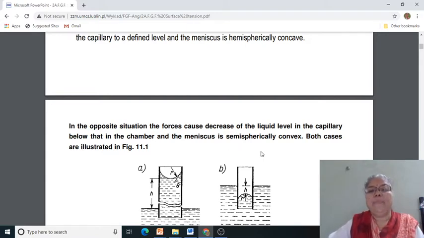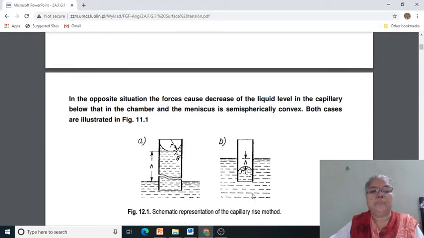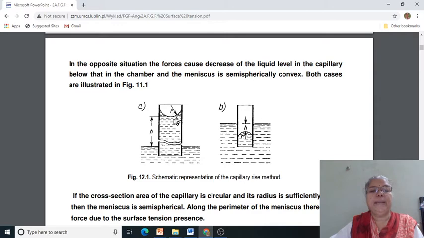And in the capillary, we have a semi-spherically convex portion here. Here in this first case, it is a liquid and we have dipped a capillary tube, and this is a concave meniscus, and this situation appears when adhesive forces are greater than cohesive forces, and adhesive force means the force between liquid molecules and wall of the capillary tube.